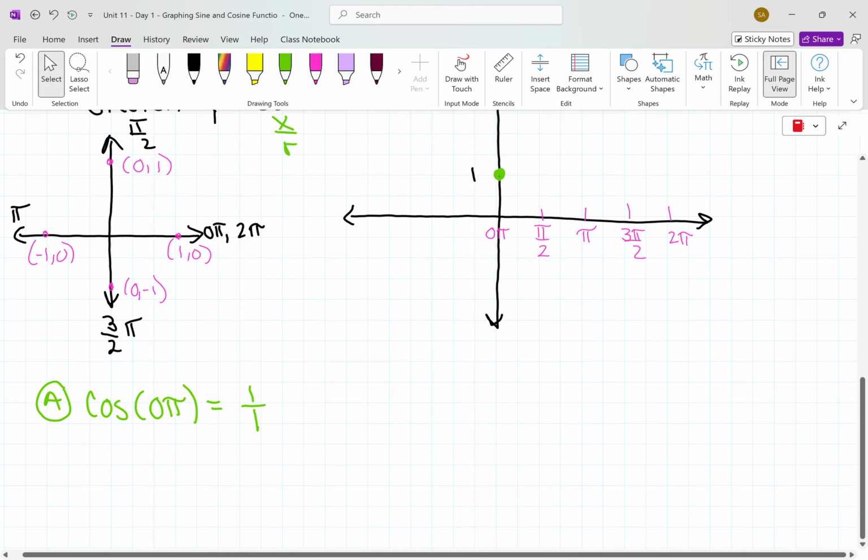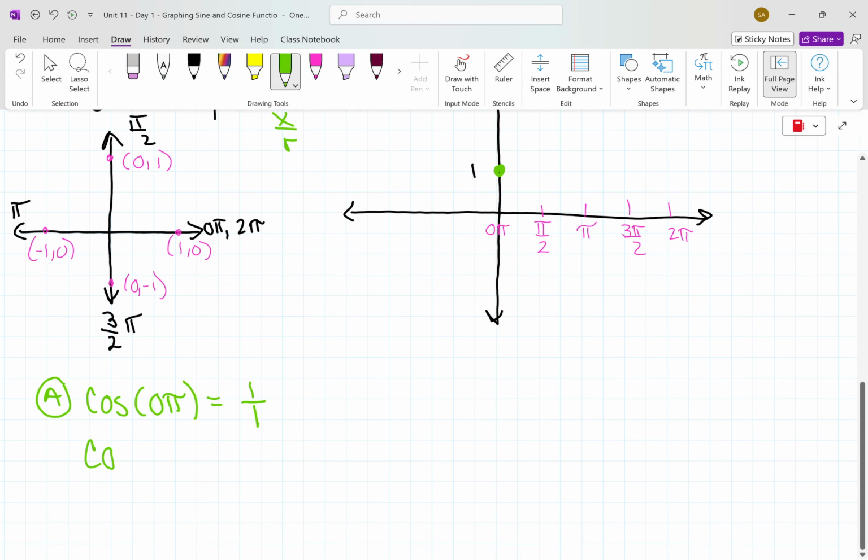All right, now I want us to find the cosine of pi over 2. What is the cosine of pi over 2? 0. Cosine of pi.